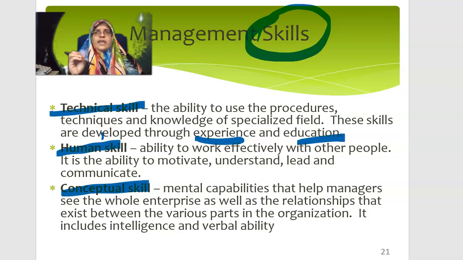You need to know the knowledge to motivate people, to understand, to lead and communicate. This is human skill. Not everyone can speak and influence people. Not everyone can be the one who gives motivation. Sometimes when someone gives motivation, it's painful to listen. Better not to give motivation if you don't have the skill.